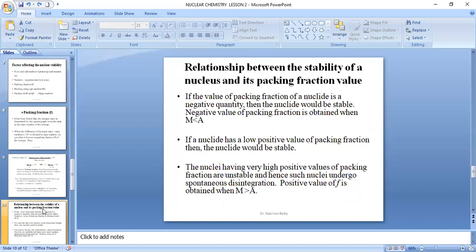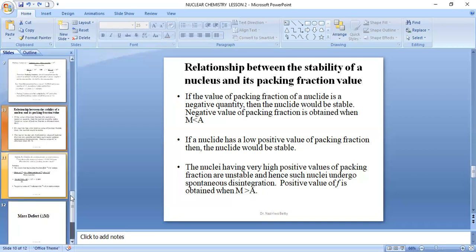If the nuclide has a low positive value of packing fraction, then the nuclide should be stable. The nuclei having very high positive values of packing fraction are unstable, and hence such a nuclide undergoes spontaneous disintegration. Also, the positive value is obtained when the isotopic mass is greater than the mass number.